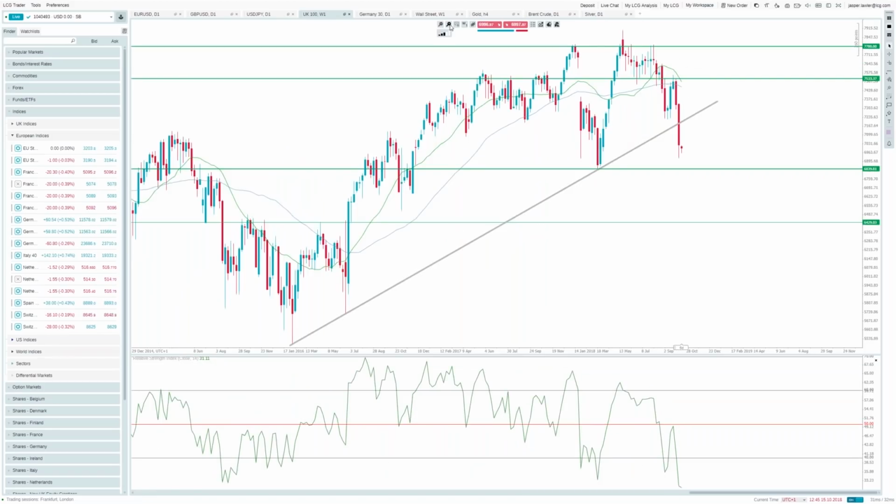Where could we get to there? Well, ideally it would be the previous low, but I think typically what you get when you see markets falling off a cliff like this is it's quite unusual for the price to be able to rally even to the previous low, let alone the previous high. That would be quite a strong rally to get up there. And if we did get back up there, I'd be more inclined to think that we carry on to record highs.